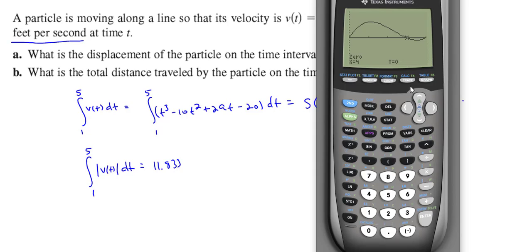What I do sometimes, I'll hit trace, and I'll sneak the cursor over there, and notice how your heights are still negative. Does that cursor jump positive before 5? Ooh, it's exactly 0, right? We could have done that by just extending our window a little bit and calculating the 0 too. So sometimes it's easier doing this.